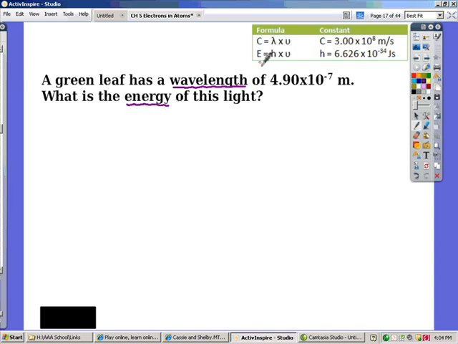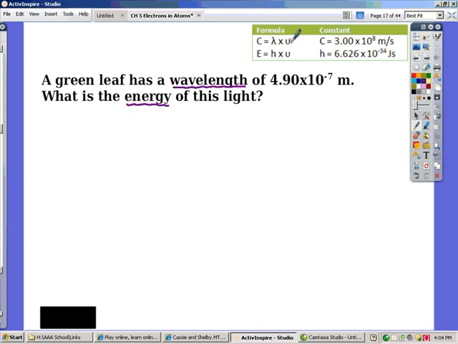You see, my formula doesn't have a wavelength here. It has energy and frequency. So I'm going to take a little different path here. I'm going to first start with the speed of light formula, and I'm going to take my wavelength and change it into a frequency.